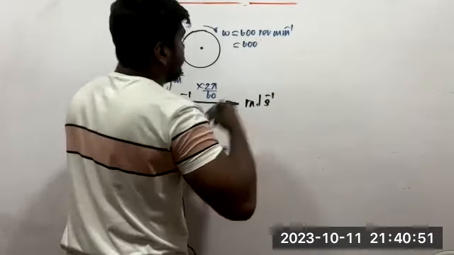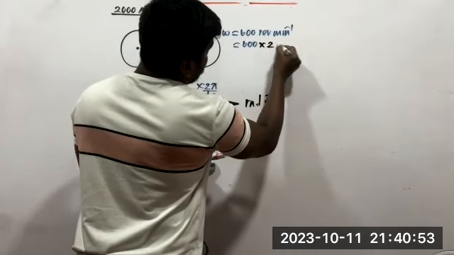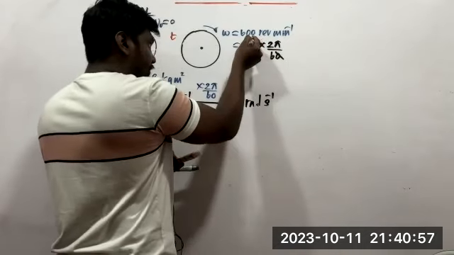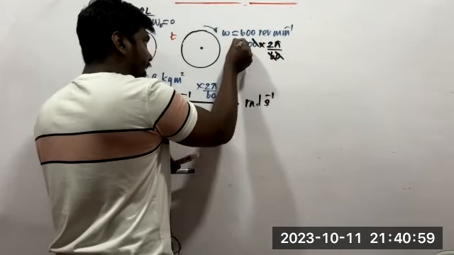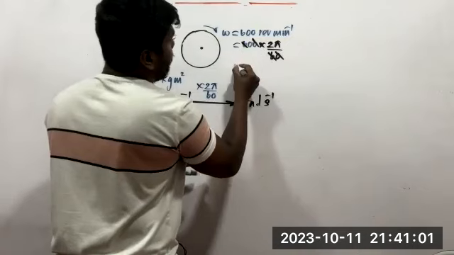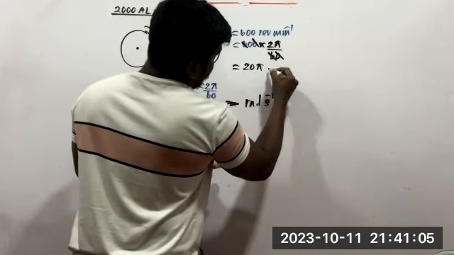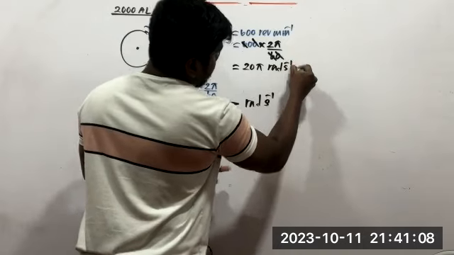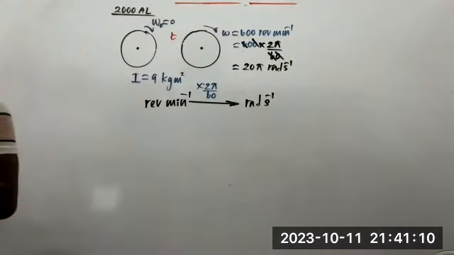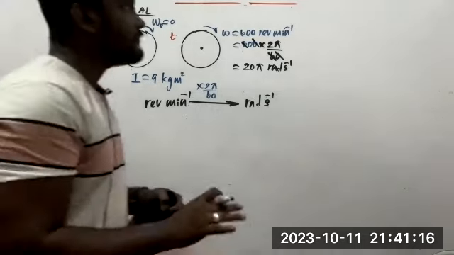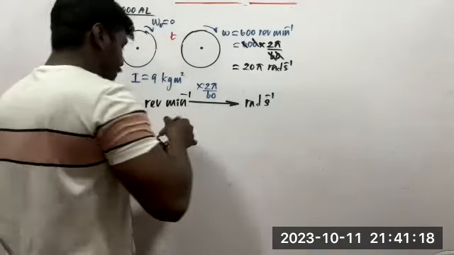Then 0 and 0 cancel out, 6 and 6 cancel out, 10 into 2 is 20, and I am getting 25 pi radians per second. That is my final angular velocity omega.